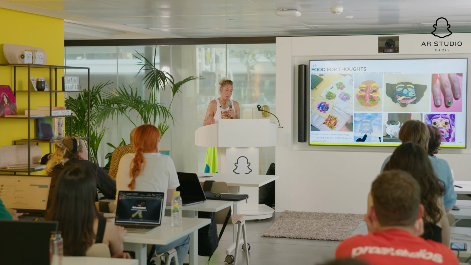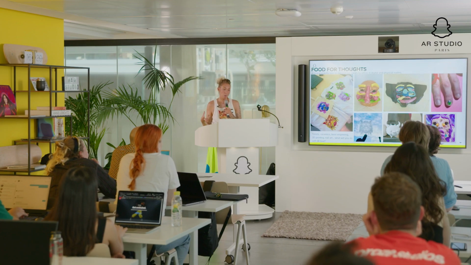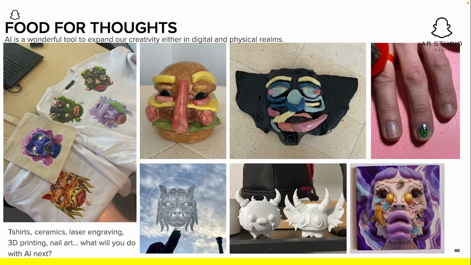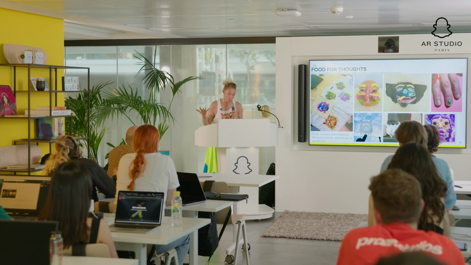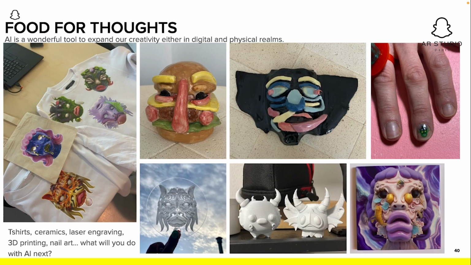Lately I've been more into physical objects. So it's also just to tell you that AI can be used as a digital thing, but it can also be used in the physical realm. So I've been making a lot of t-shirts like this one that you can also activate in AR if you want to. I use them as input for ideas for ceramics.